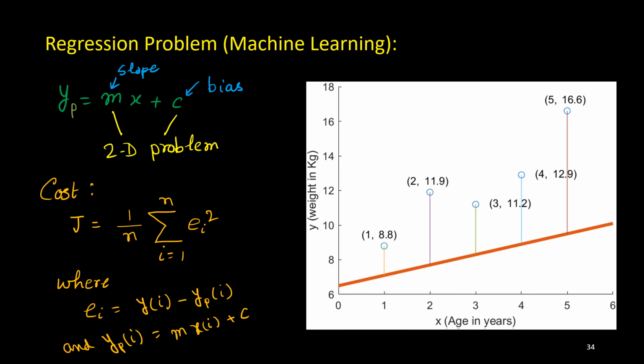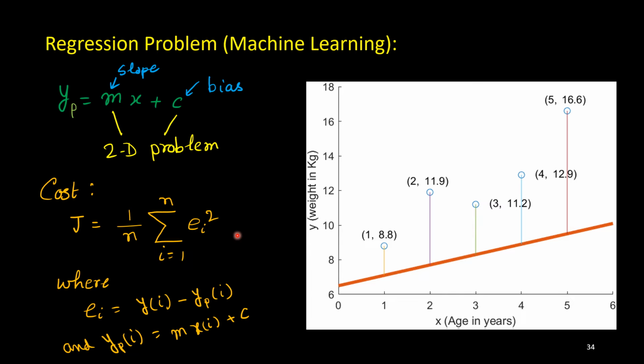And you see, the corresponding errors we have shown here. So what we can do, we can define our cost function as the total square of the error, and we divide by n. If there are n such samples and we divide by n, then it will be called the mean of the square of error, mean square error, MSE.